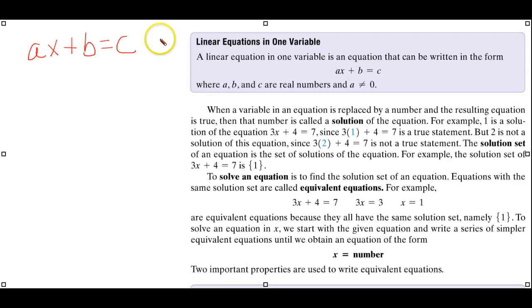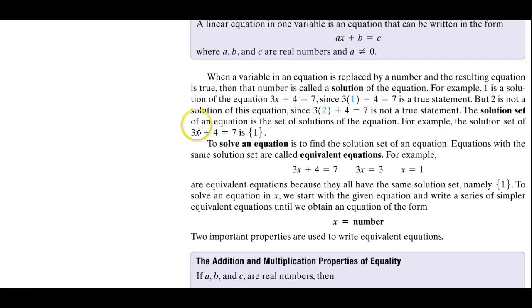Now here they're introducing what is called the rule or the general formula for a linear equation in one variable, which is ax plus b equals c. And what we'll do through various procedures is to isolate this x.